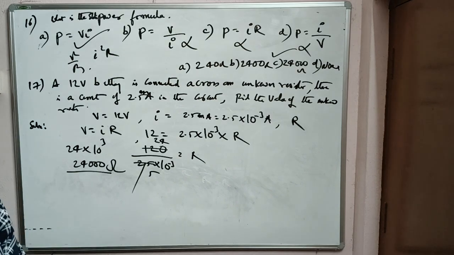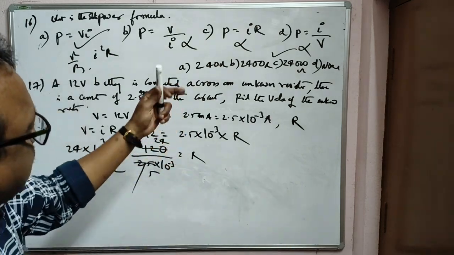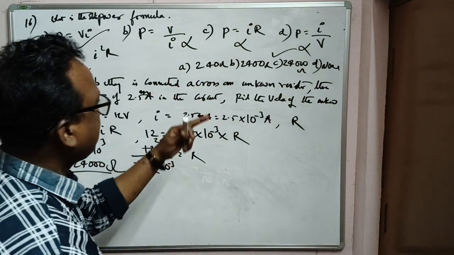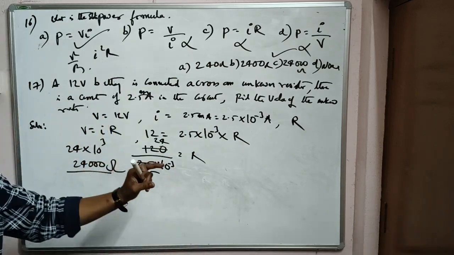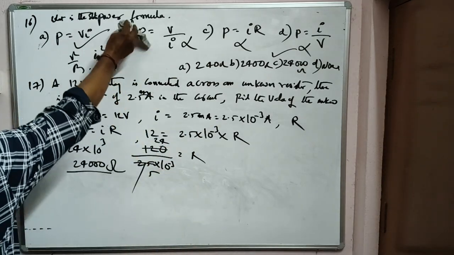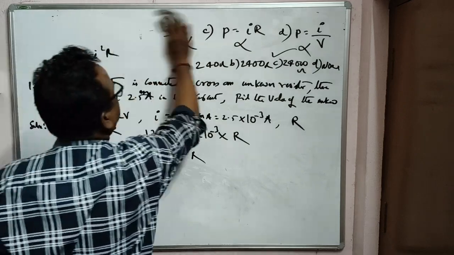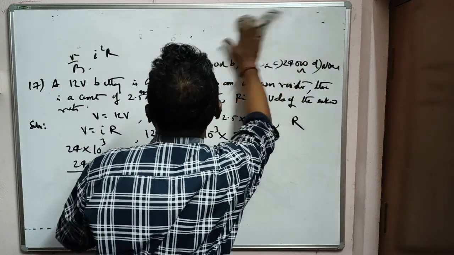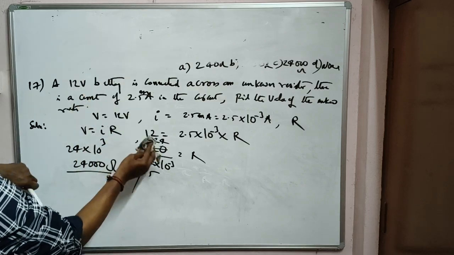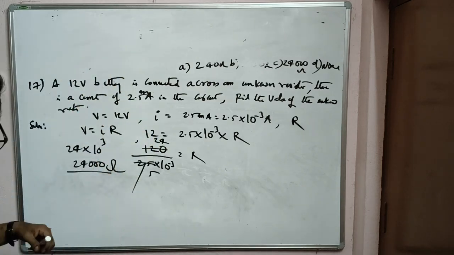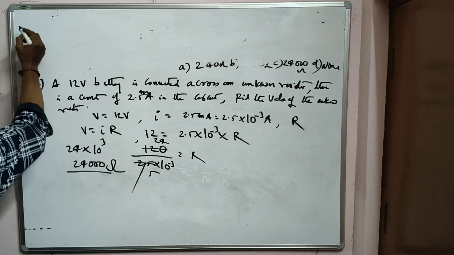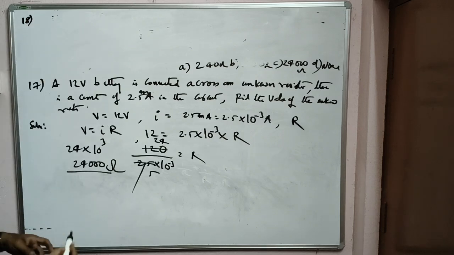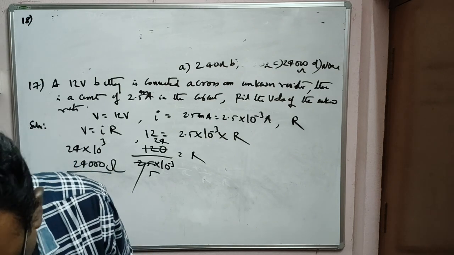This is a very simple problem. By using Ohm's law you can calculate it. The 17th problem, please note it down. Clear? So we go to the 18th one. Okay, now the 18th problem, please note it down.